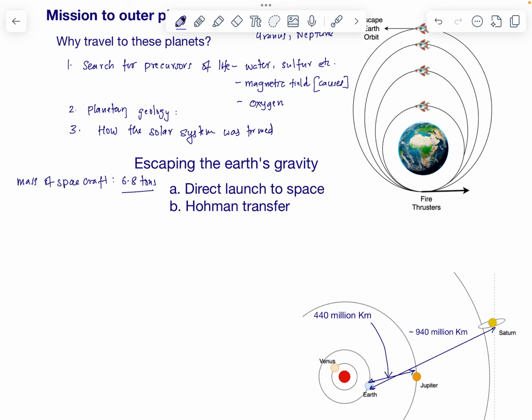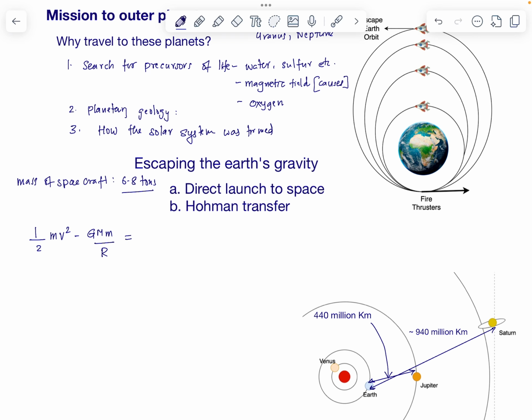To do that, you find the total energy of the spacecraft on the ground. This is the kinetic energy, m being the mass and v being the velocity, and this being the gravitational potential energy, where R is the radius of the earth and capital M is the mass of the earth.